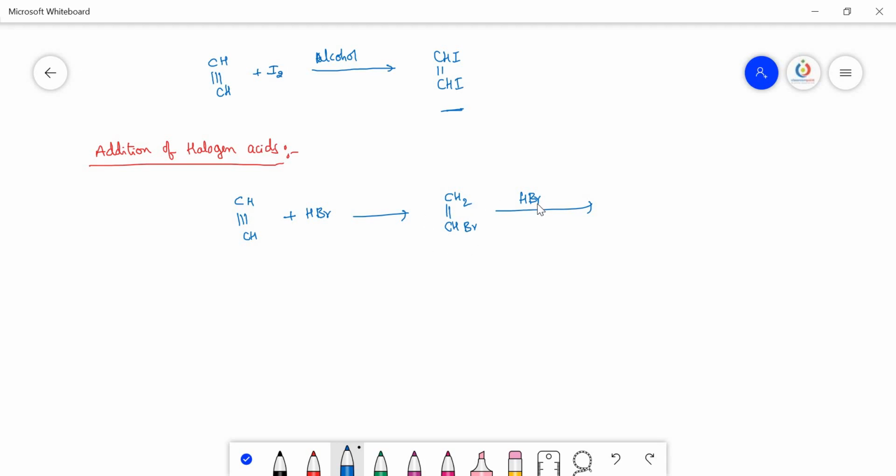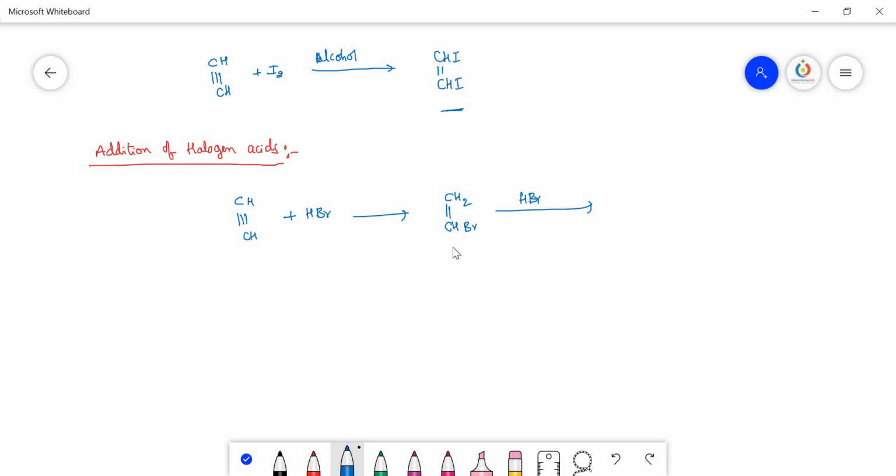Now this is an alkene which is unsymmetrical. This is a reagent which is unsymmetrical. So both are unsymmetrical substances. So when an unsymmetrical alkene is added to an unsymmetrical reagent, then we can apply Markovnikov's rule.